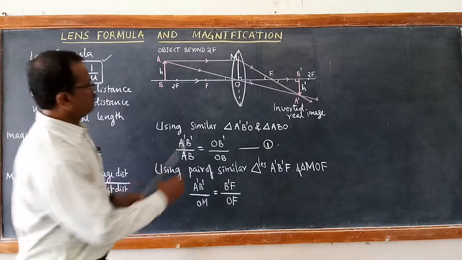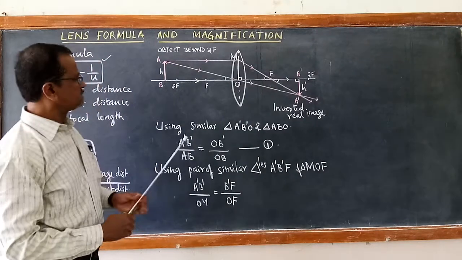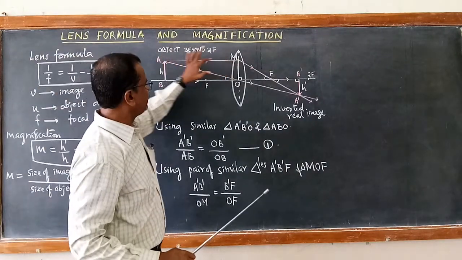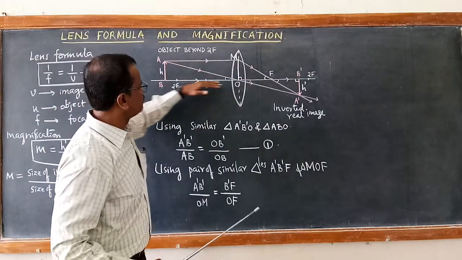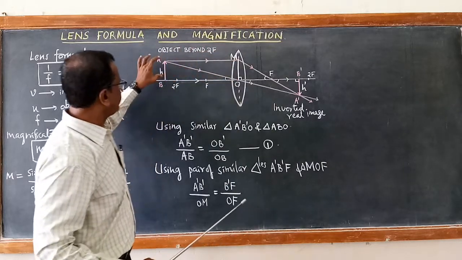Now you see, this OM is exactly equal to AB. Since it is a parallel beam of light, a parallel ray of light which is parallel to the principal axis, the height OM is equal to the height of the object.